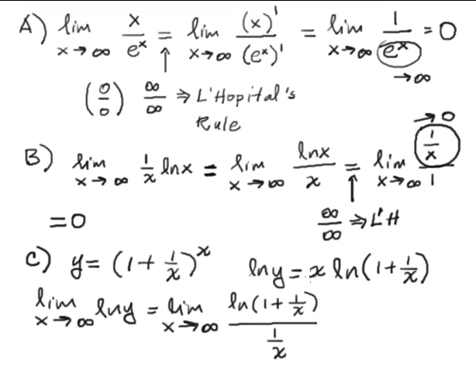So we have an infinity times 0, which can always be changed into an indeterminate form by putting something in the denominator. So that's what we did over here. This was an infinity times 0 limit. Again, it could always be changed to a 0 over 0 by taking the reciprocal and putting it in the denominator. Then we get a 0 over 0 limit.